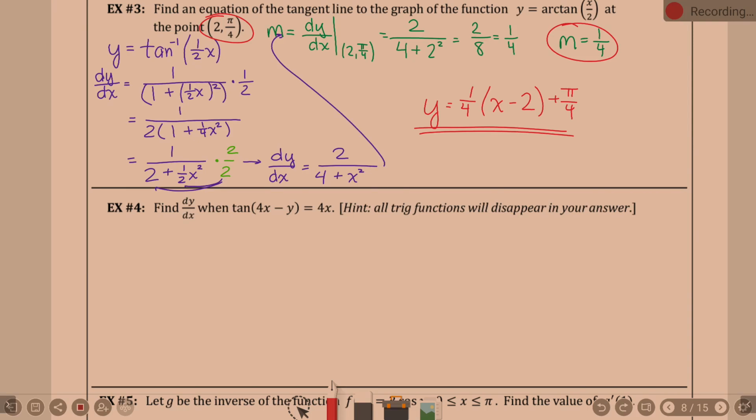But it's not y equals. I was getting ready to take us into implicit differentiation.